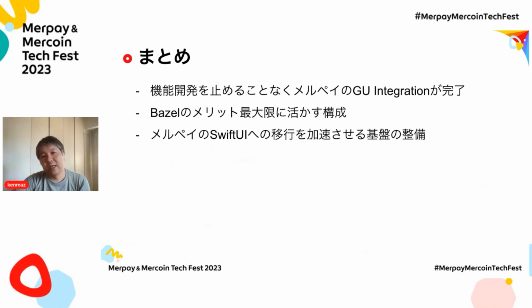Without changing the Merpay code, we were able to move to the new GroundUp architecture, and the benefits can be leveraged to the full extent in this configuration. Also, Merpay's existing functions have been migrated to SwiftUI, and in order to accelerate that, we have made improvements across different platforms, like introducing screen IDs.